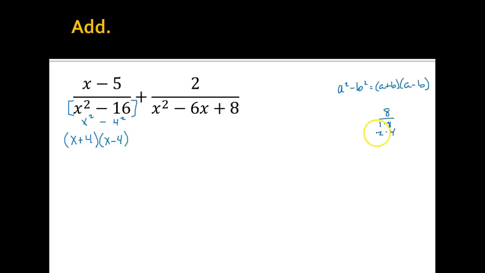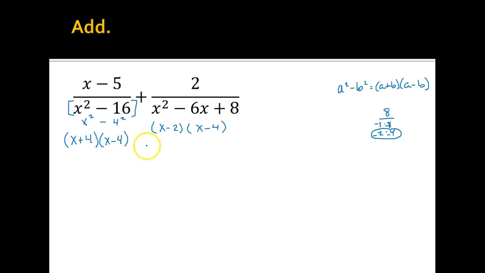But none of those add up to negative 6, but you have to remember that if it's a positive number, it could be that all the factors are positive, or all the factors are negative. So negative 1 times negative 8, negative 2 times negative 4. So there's actually 8 different choices, and it's the negative 2 and the negative 4 that add up to negative 6. So my factors then would be x minus 2 and x minus 4.